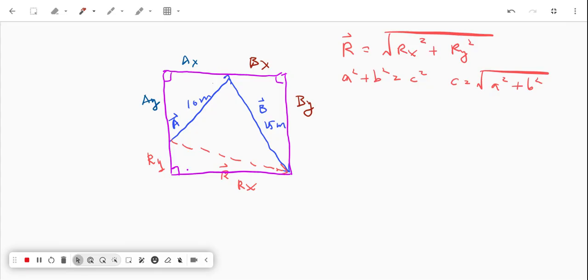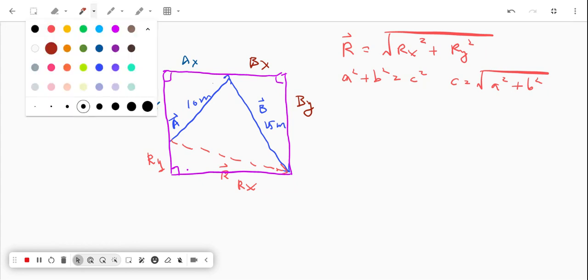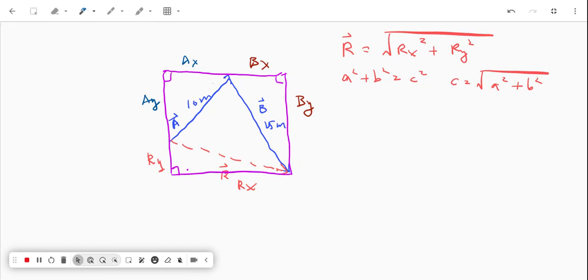Okay, so the angle here is 40 degrees. The other one is 60, 45.